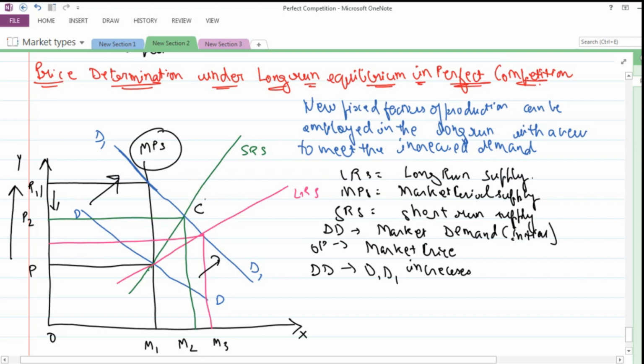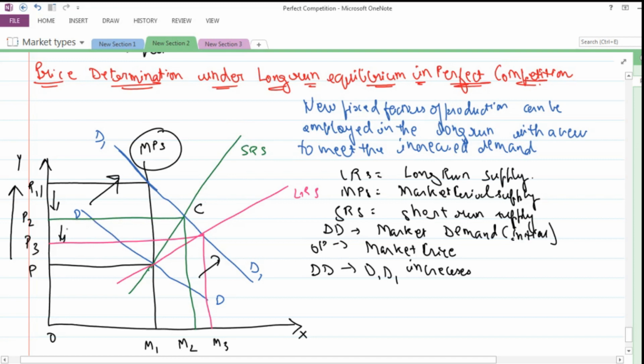Now, in the long run, new firms will enter the industry, and as a result the output will increase from OM1 to OM3, आउटपुट OM से लेके OM3 तक इंक्रीज हो जाएगा, and due to the increase in output the price falls down to OP3.